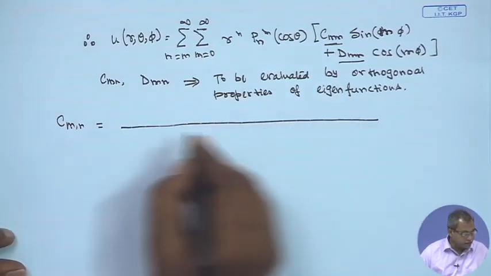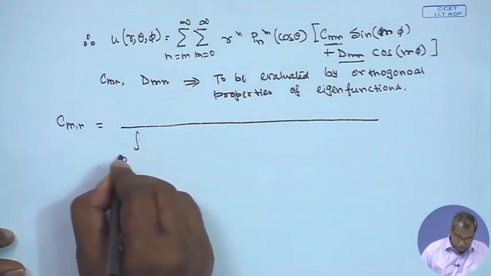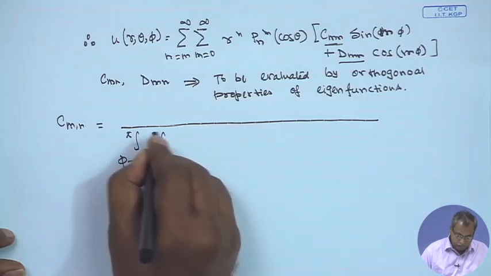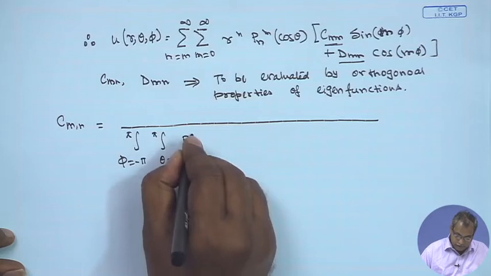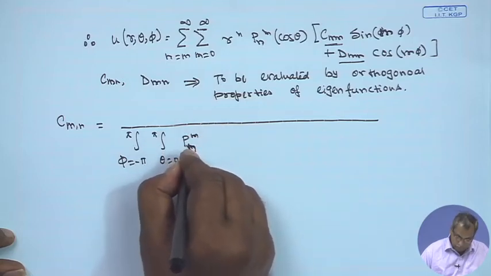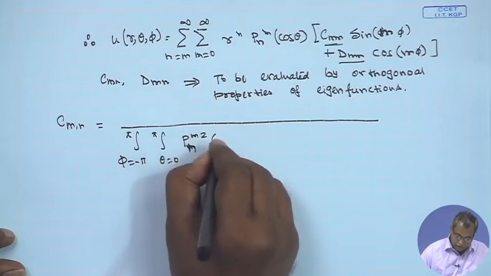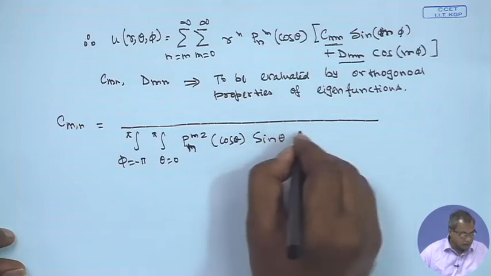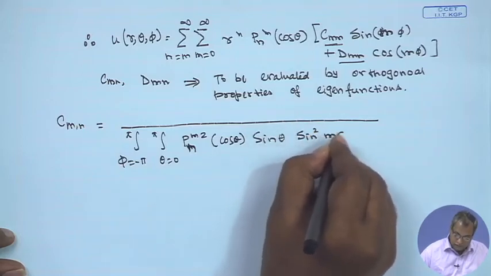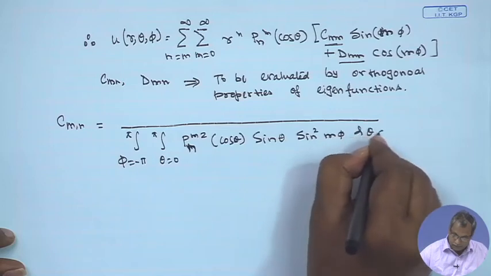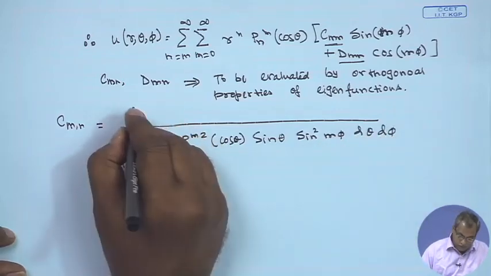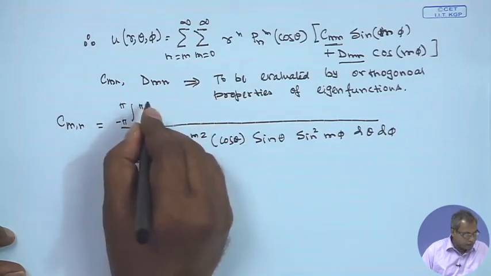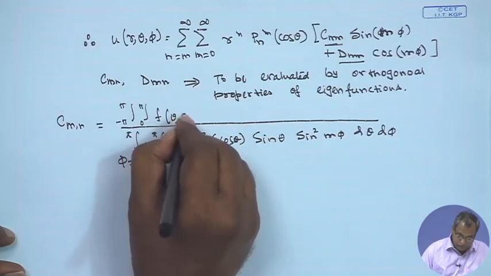So, these will be nothing but phi is equal to minus pi to plus pi, theta is equal to from 0 to pi, P n m square of cosine theta, sin theta, sin square m phi d theta d phi, and again from minus pi to plus pi, 0 to pi, f theta phi.